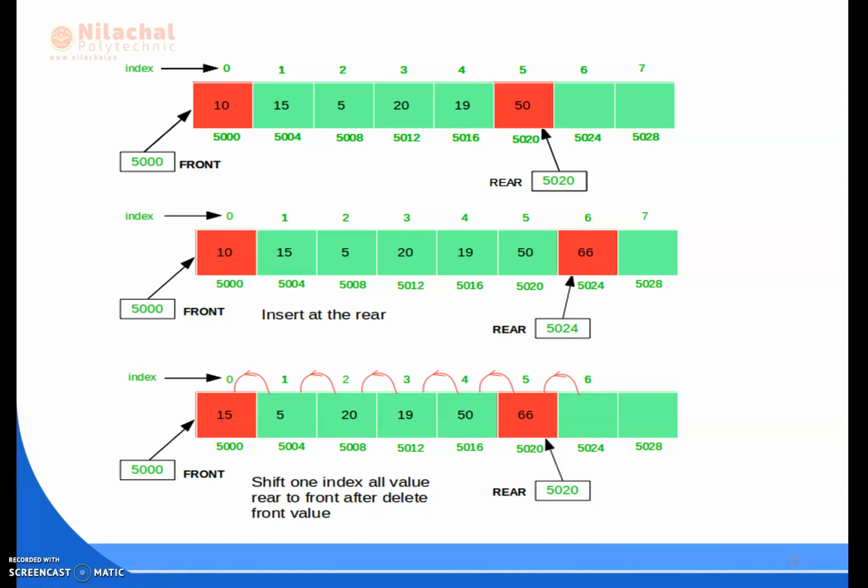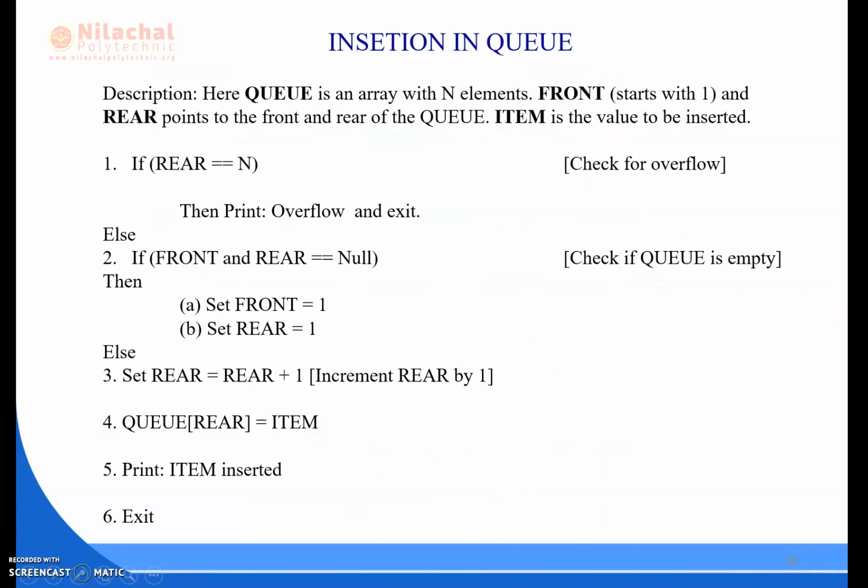Okay, so this is done by shifting one index all values from rear to front after deleting the front value. So this is how we do the insertion and deletion in queue.